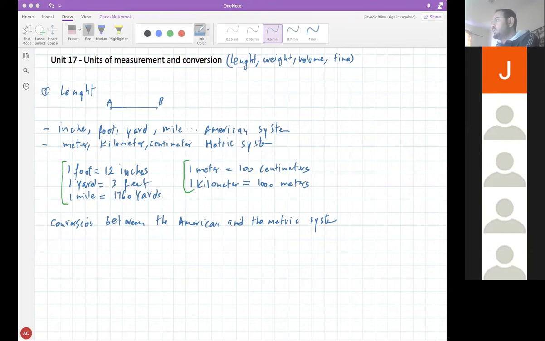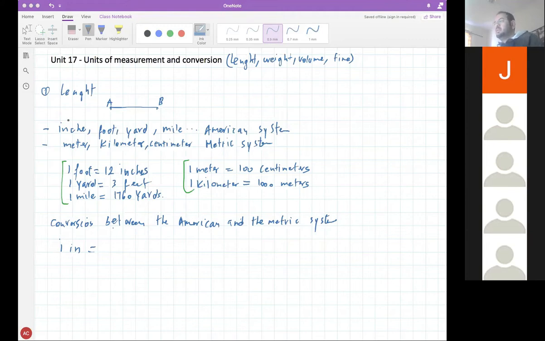It's not the ones that are close in value. For example, we said the closest unit to inches is centimeters. So 1 inch is approximately 2.5 centimeters.